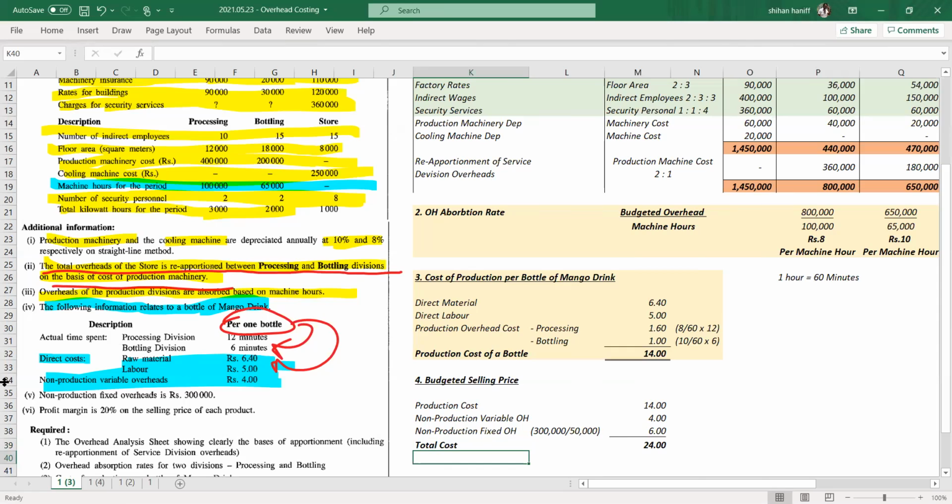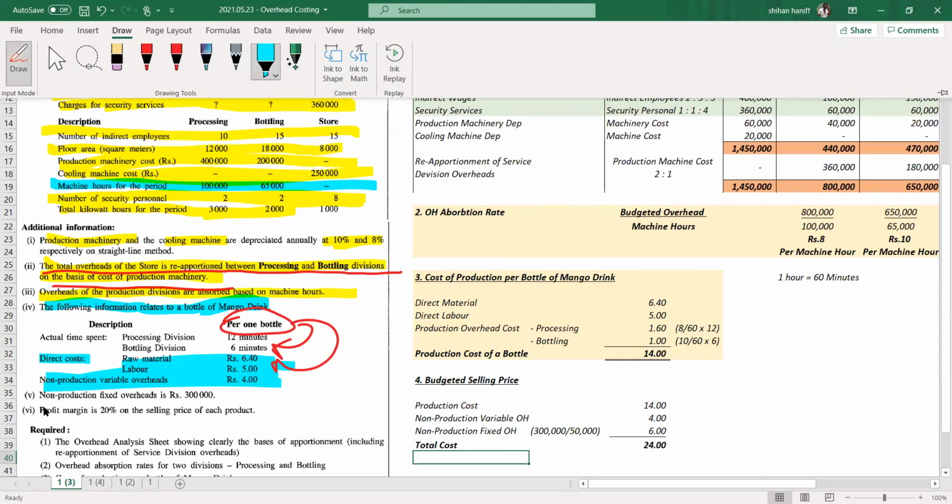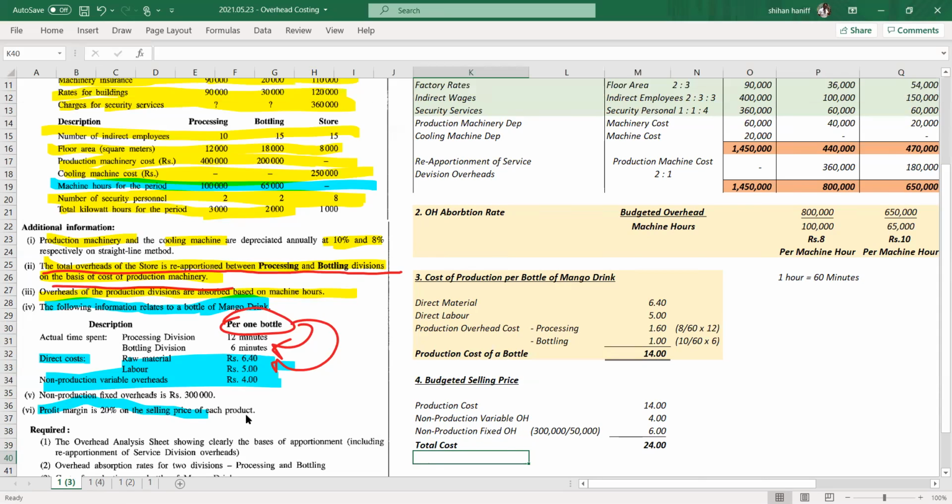Then there is a profit margin of 20% on the selling price of each product. Adding the profit, the answer is the selling price.